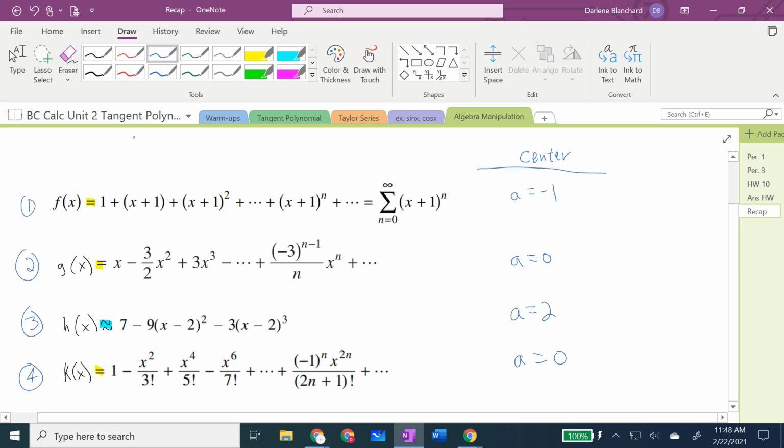The Taylor formula in general is nth derivative at the center over n factorial multiplied by x minus the center to the n power. The key is right here.